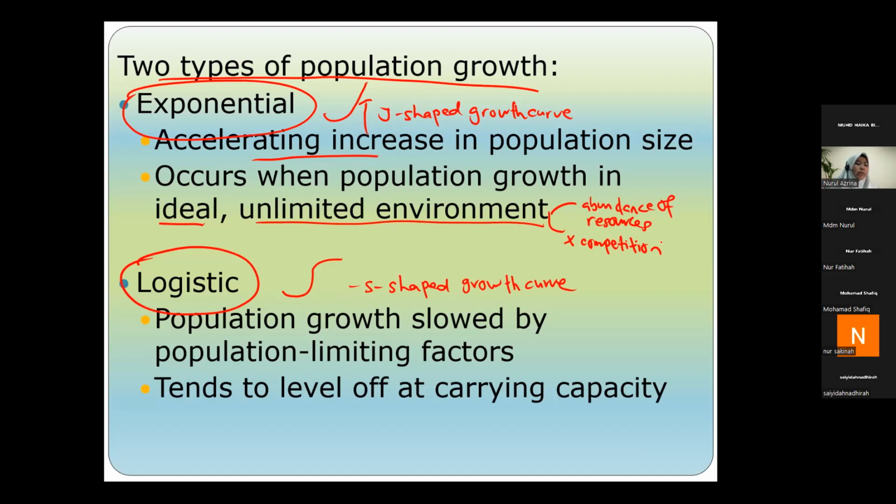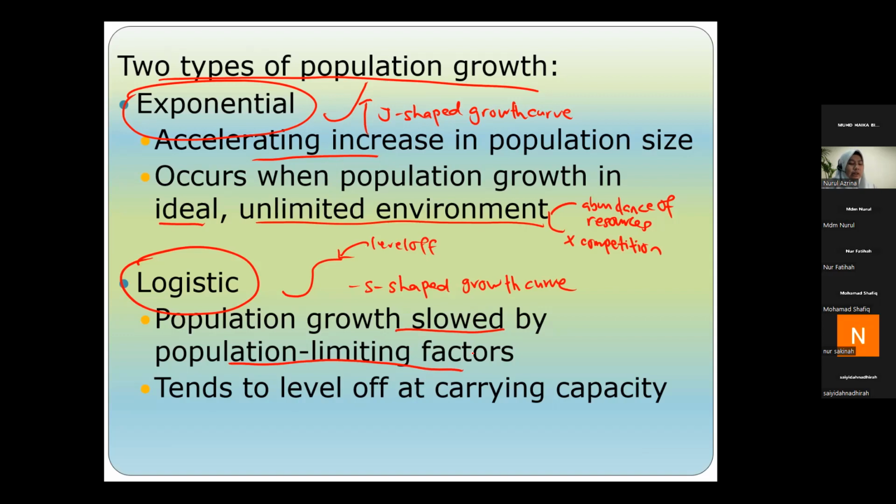Whereas for the logistic growth curve, kenapa the population akan naik and suddenly dia akan jadi S, somehow it levels off. Dia jadi constant macam gitu. Kenapa? This kind of population growth slows down due to limiting factors. What are limiting factors?